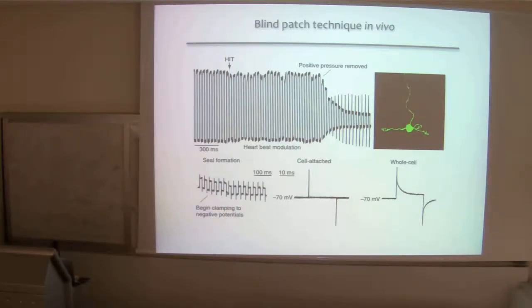For most of the work that we're doing, we give a brief negative pulse to break through to the whole-cell configuration, where we have electrical continuity with the cell, so we can manipulate the membrane potential, and monitor both input to the cell and the output.